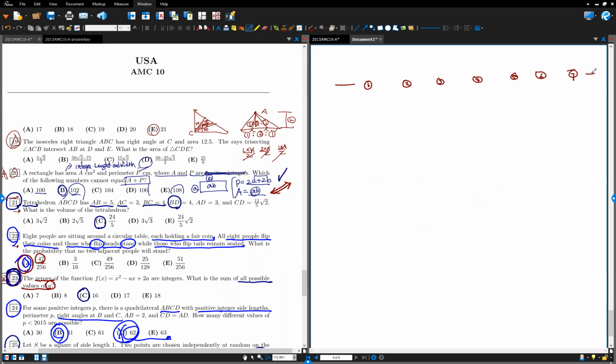How many different ways can two guys sit in there but not adjacent? How many different ways? So 1, 2, 3, 4, 5. You can count this way, right?